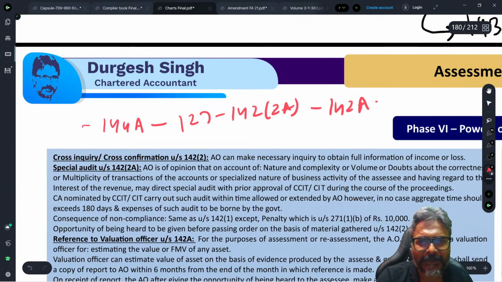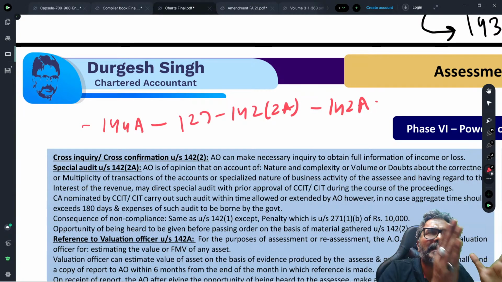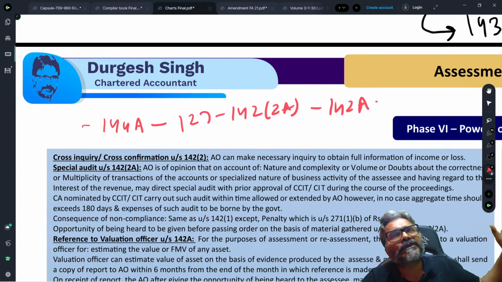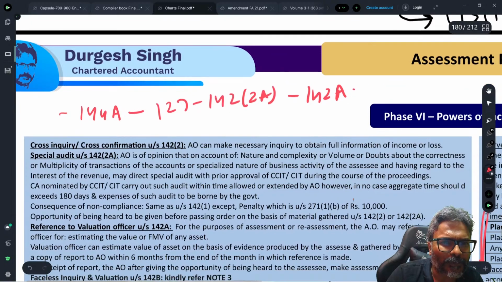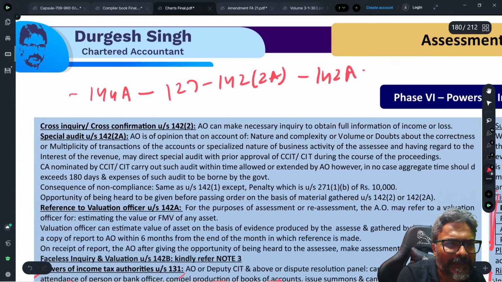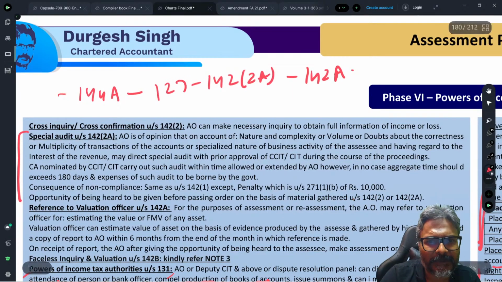This is the last segment of the powers which enable the AO to gather the material or evidence on the basis of which the AO is going to pass the order. Students, I just want you to give one minute and please read the special audit under 142(2A). Just read the special audit of 142, just a minute, peacefully.